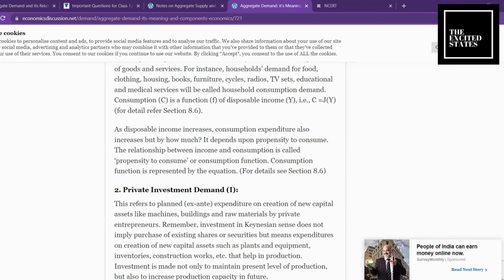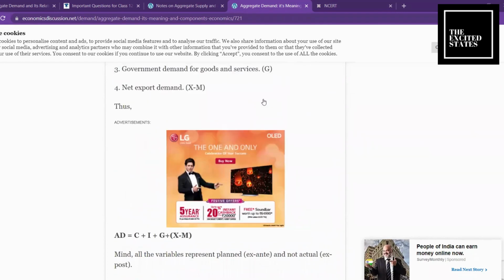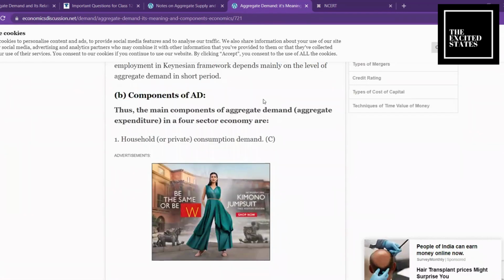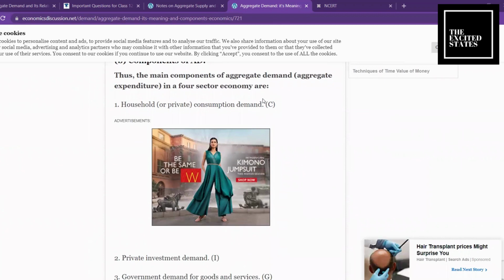No. Here, as we know, there are four components of aggregate demand. Basically, household is the main component of aggregate expenditure. So this C is for household. Understood?